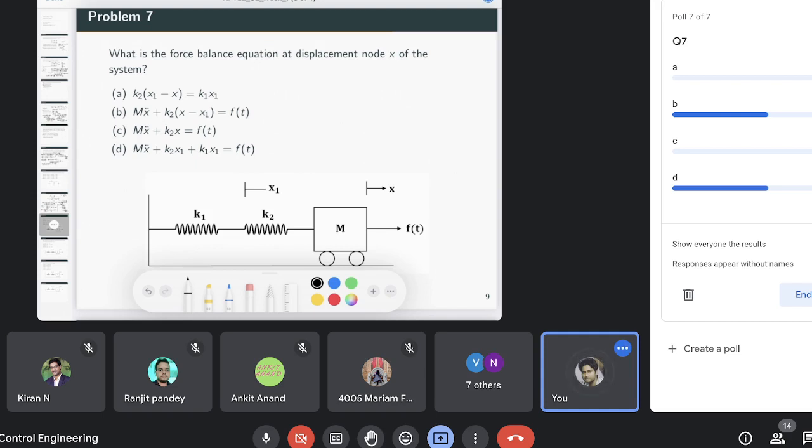Okay, so we can then discuss this question. Okay, so again this is very basic question.